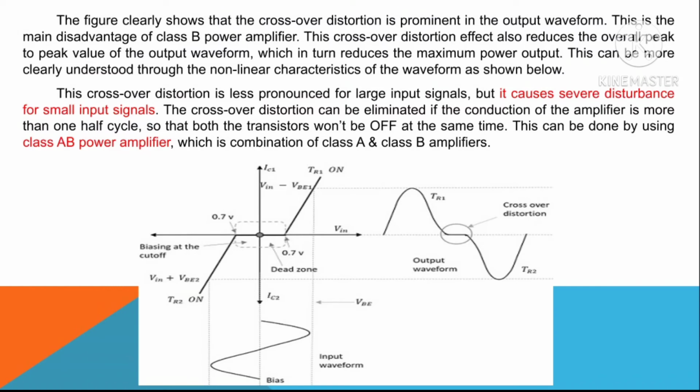That means in class AB power amplifiers, both the transistors conduct for more than 50%, so that during this plus and minus 0.7 volt span, both transistors are on and there will be no zero output, or we can say there will be no dead zone during the crossover period of the output waveform.